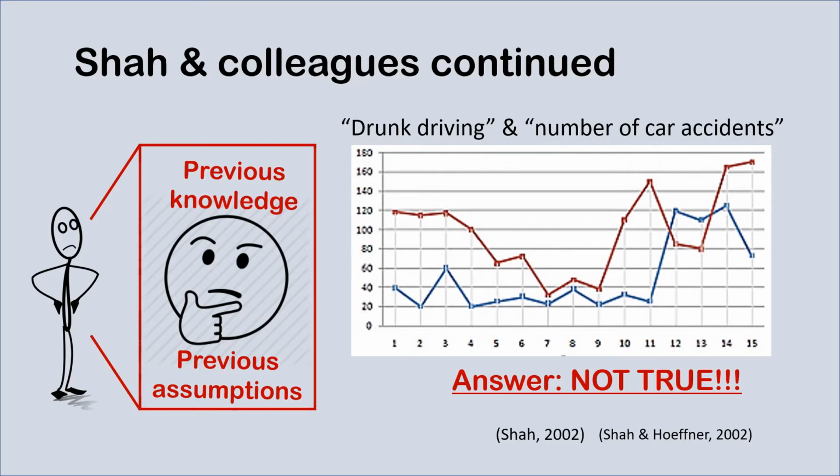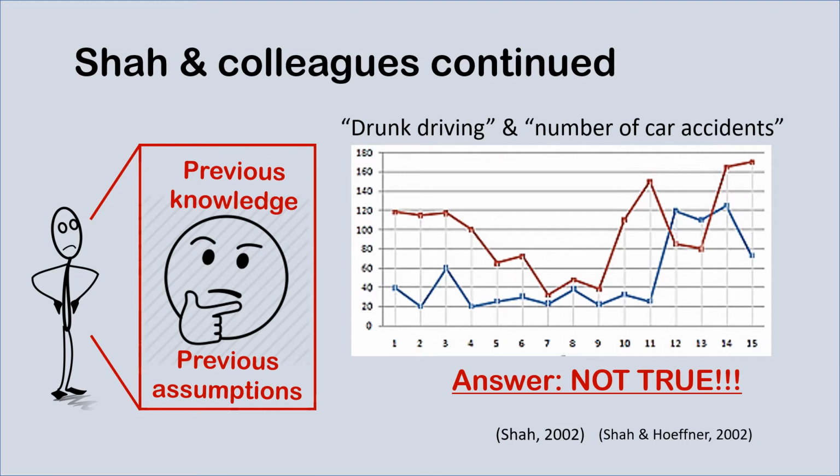So for example, Shaw and colleagues conducted a study where they provided a graph dealing with drinking and driving. And many pre-service teachers, when they were asked to interpret this graph, made the assumption that increased levels of drunk driving would lead to greater number of car accidents. What was tailored and what was the trick of this study was that Shaw and colleagues showed the opposite relationship in the graph.